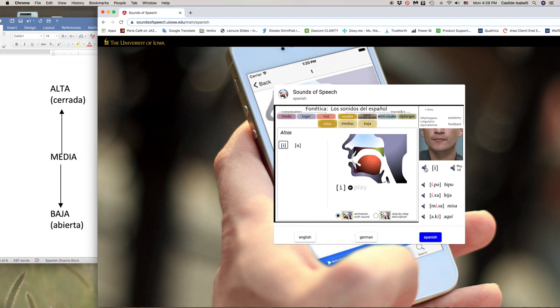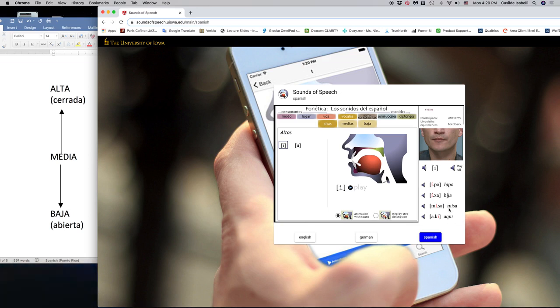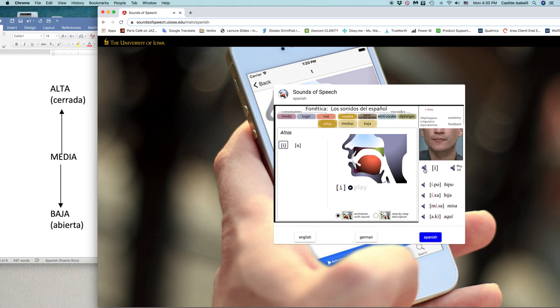Otherwise, it's going to come out like English speakers saying hippo, hija, misa, aquí. But if you stretch your lips, it'll come out really nice and clear. Let's see if you can see them all. Misa. Aquí.